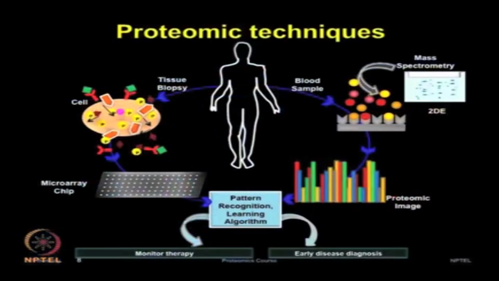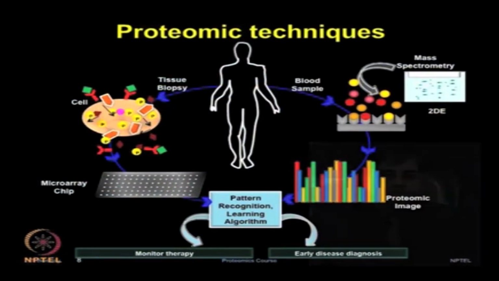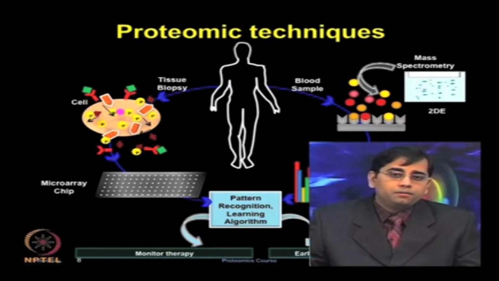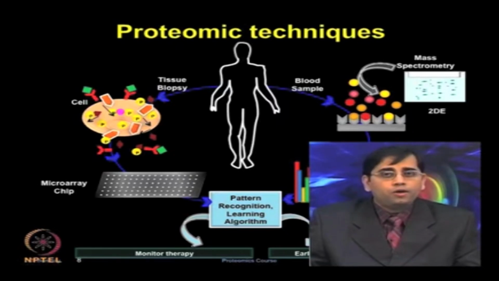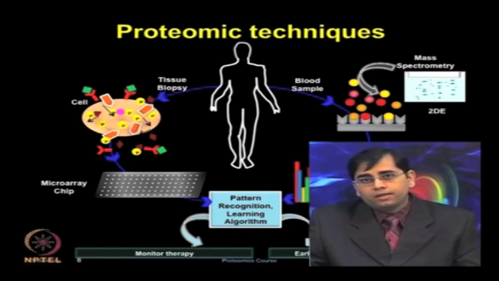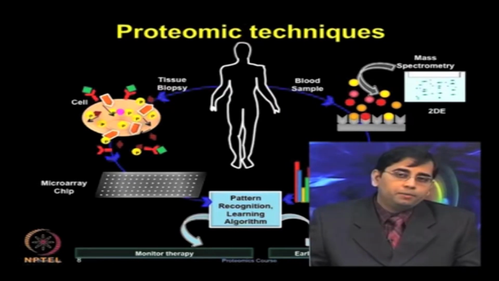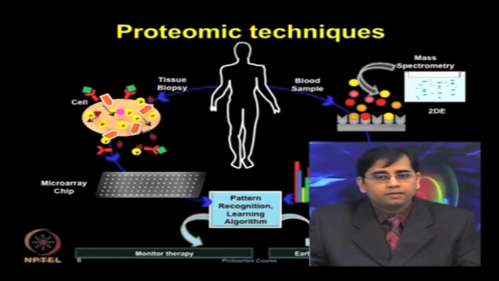For example, looking at some clinical sample for identification of biomarkers of a disease, one can employ samples such as tissue or blood or different types of body fluids, and then either directly extract the protein and subject it to mass spectrometry, or first resolve on two dimensional electrophoresis followed by identification on mass spectrometry, or take these samples directly and apply them on the microarray based platforms and then detect using label based or label free methodologies.